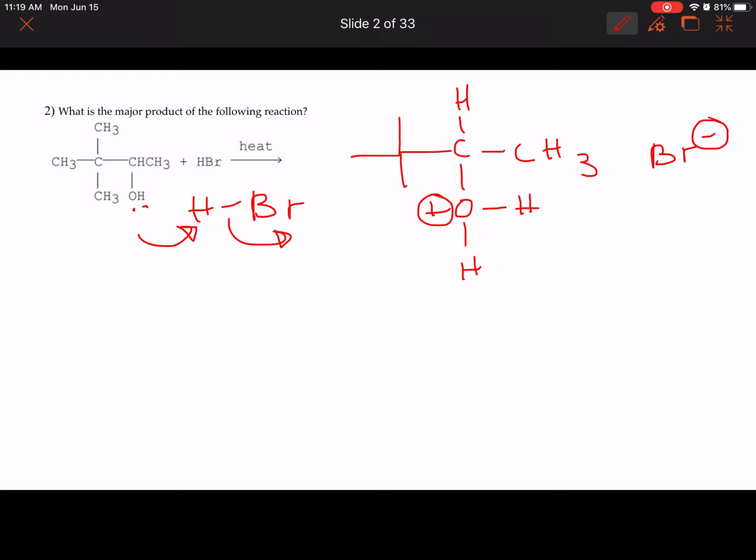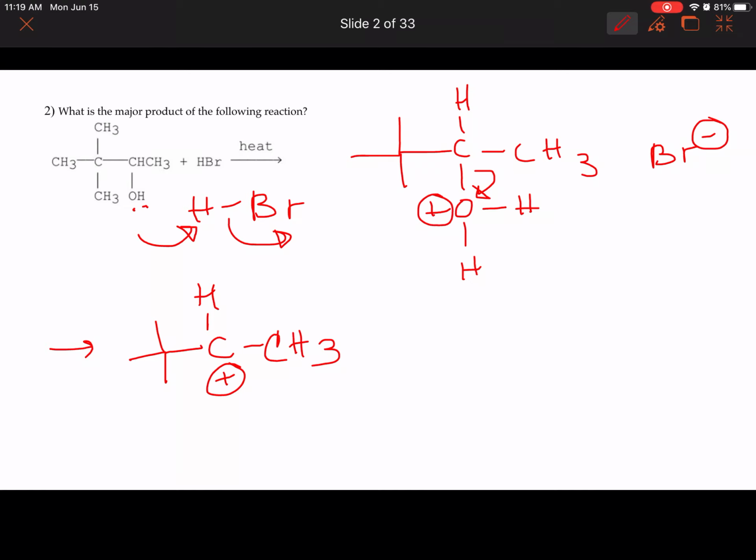Now we have a very good leaving group, a neutral water molecule, so this can just fall off, giving us a secondary carbocation with methyl groups, CH3. If there is a chance that it can rearrange to become a tertiary carbocation, it would do so by using a neighboring hydrogen or a methyl group.